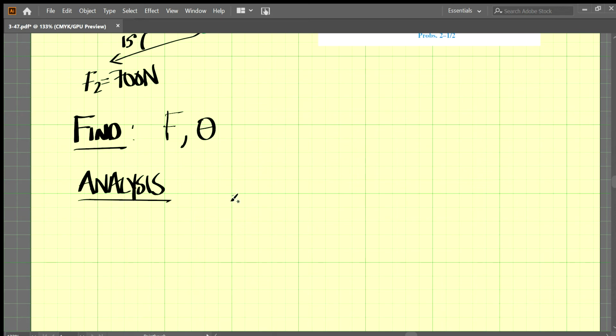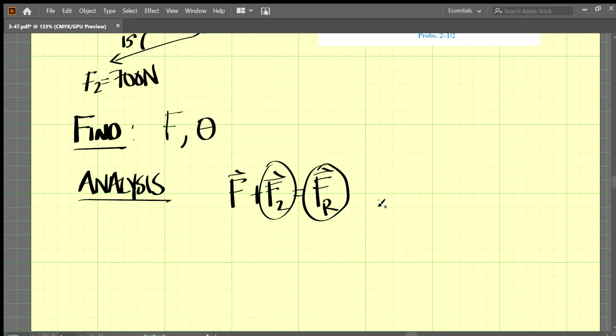So we know that F plus F2, and I'm going to put hats on both of these to show that they're vectors, equals our resultant vector. We know F2 here is 700 newtons, and we know the resultant vector is 500 newtons pointed directly up. So let's rearrange this equation so we have the unknown on one side and what we know on the other side. So that comes out to be F equals FR minus F2.